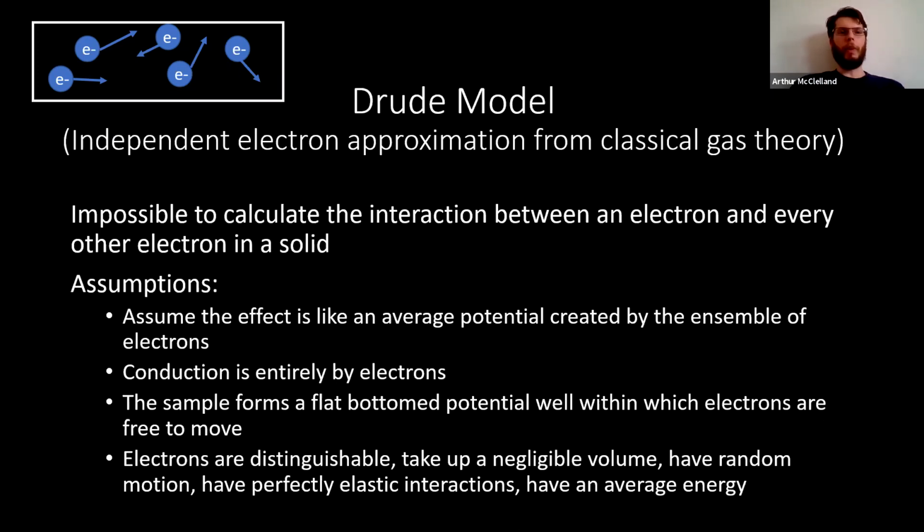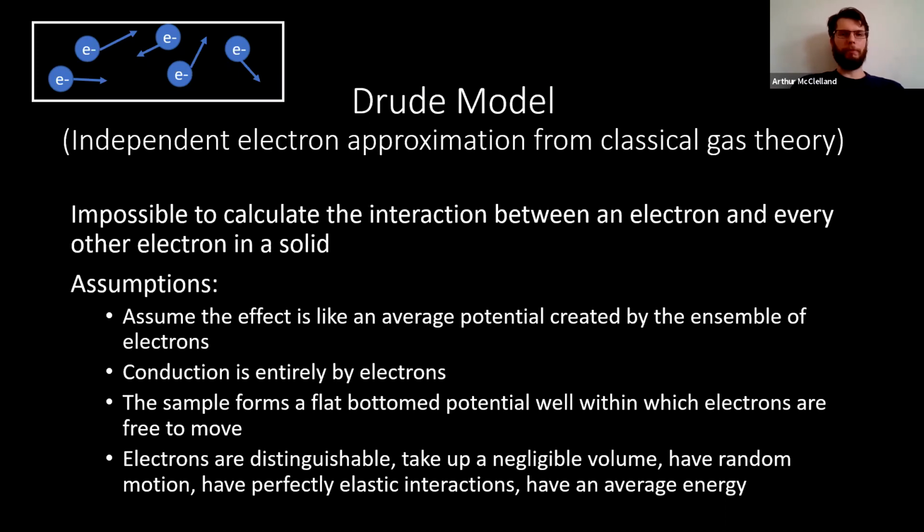Now, ideally, we'd want to calculate the interaction between one electron and every other electron in the solid. A solid material has on the order of 10 to the 23 atoms per cubic centimeter. Each atom can have multiple electrons. That ends up being computationally just impossible very, very quickly.